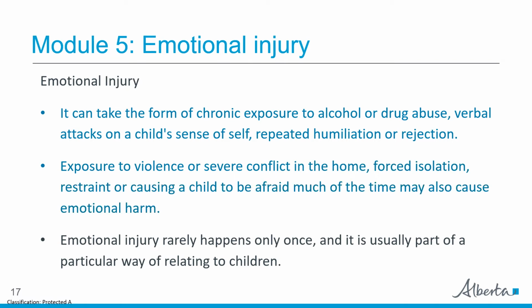Exposure to violence or severe conflict in the home, forced isolation, restraint, or causing a child to be afraid much of the time may also cause emotional harm. Emotional injury rarely happens only once, and it is usually part of a particular way of relating to children.